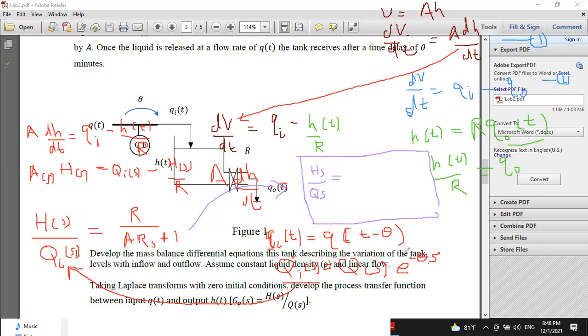So it's equal to r e to the minus theta s over a rs plus 1. So this is the equation, right? So this is the answer for the first question.